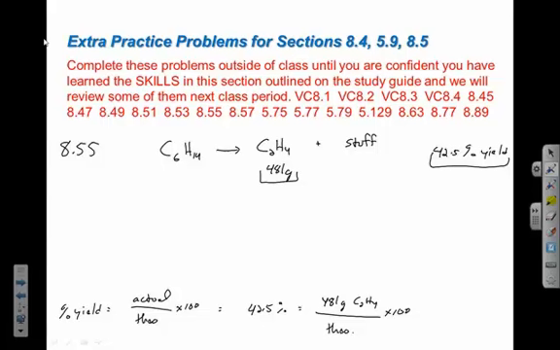So if we want a relationship between how much product we're going to make and how much reactant we need, and we're not going to be able to get 100% reaction, we have to account for what the theoretical yield would be, and then recognize that we're only going to get 42.5% of that theoretical yield. So if we're given the percent yield and the actual yield, the only thing left in that formula to solve for is the theoretical yield.